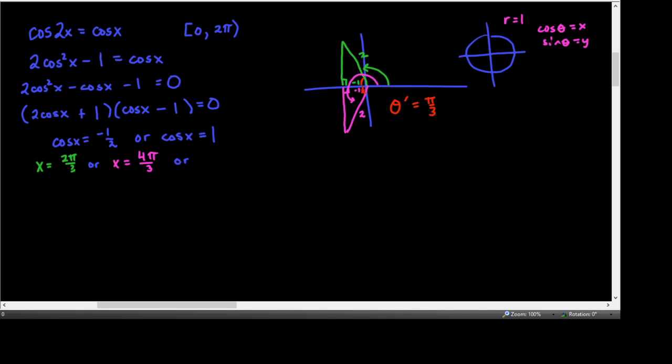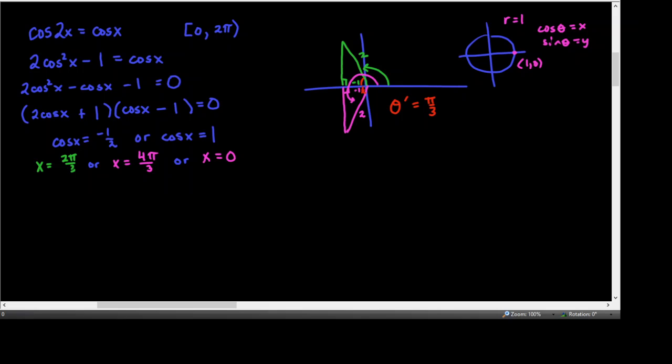So if it's a unit circle, that's really handy. And I want a place where cosine of theta equals 1. The only place that happens is right there, and that's angle 0. Okay? So those are your three solutions.